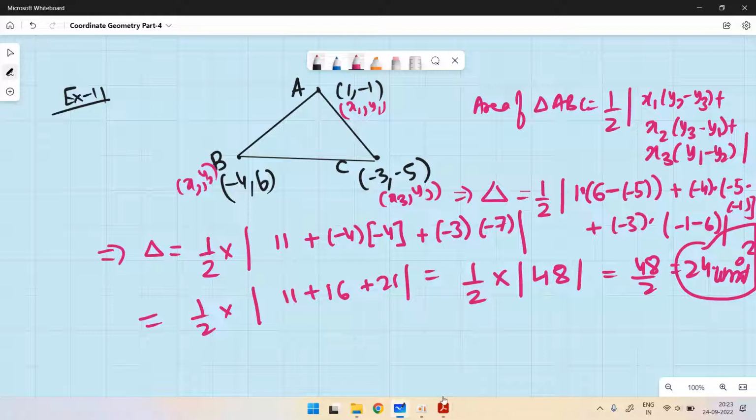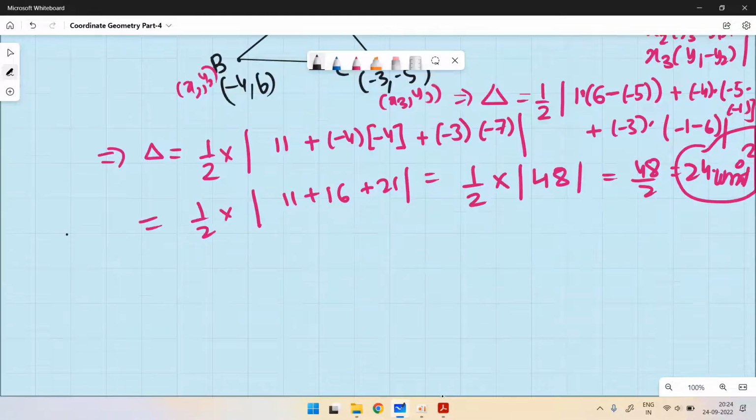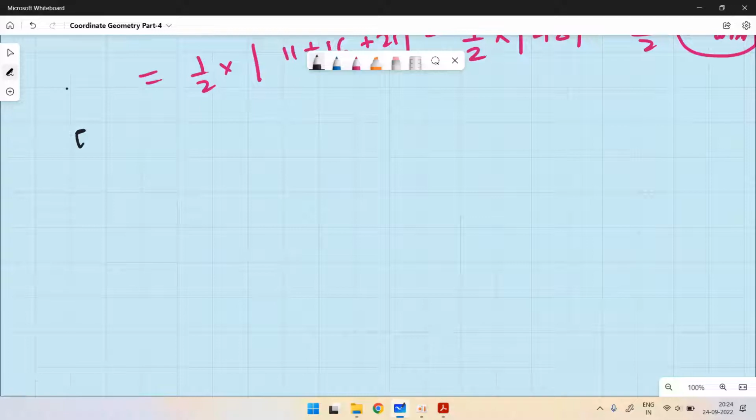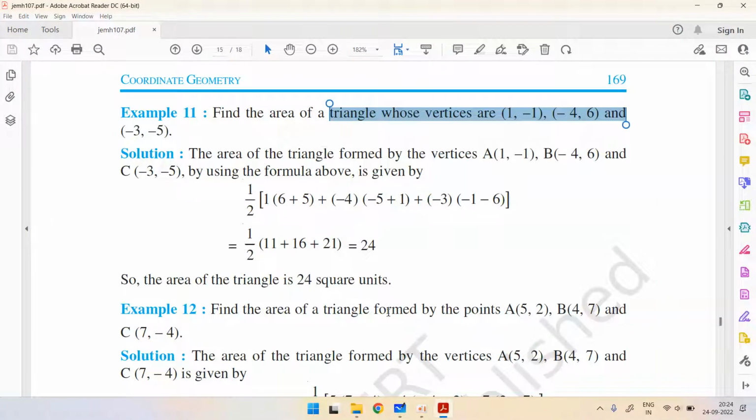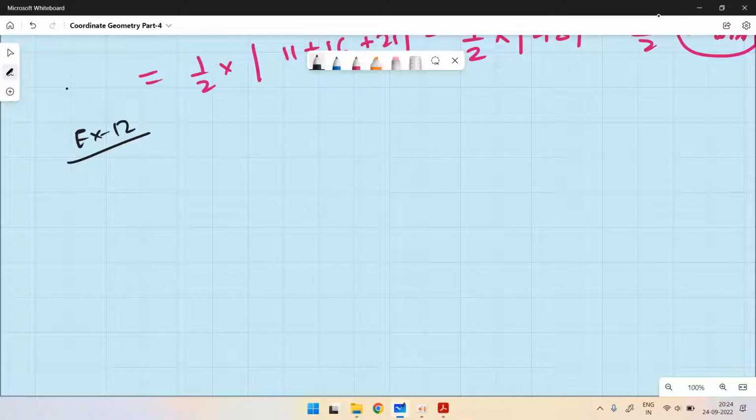Now next is example 12. This is 24 square unit, the answer. Example 12 is: find the area of the triangle formed by the points A, B and C. This time the points are (5, 2), let me draw these points.